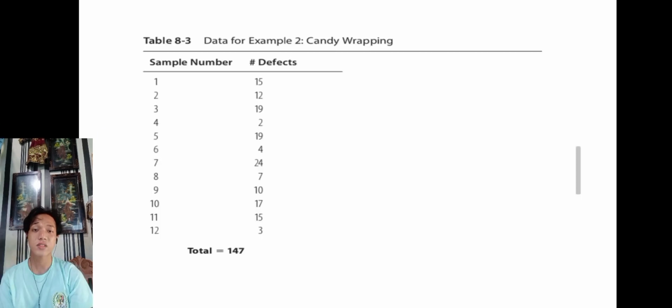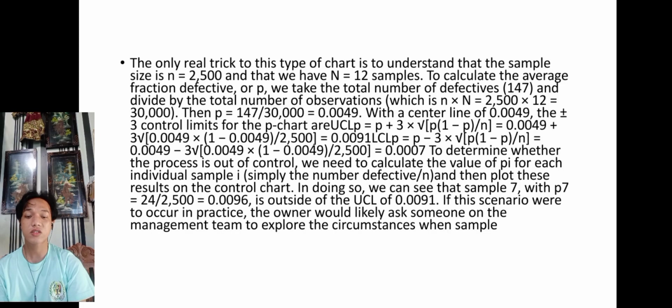This is Table 8-3. Data, for example, in candy wrapping: these are the sample numbers and the defects, with a total of 147. The only real trick to this type of chart is to understand that the sample size n is 2,500 and that we have 12 samples.